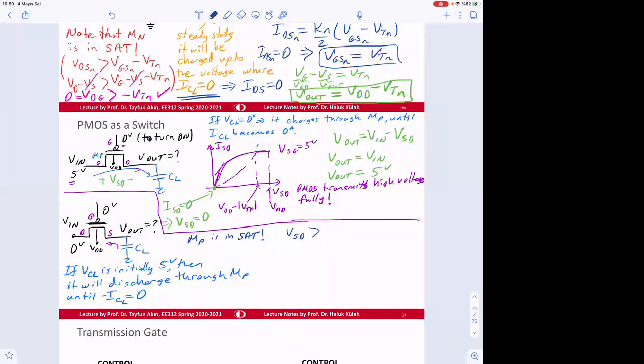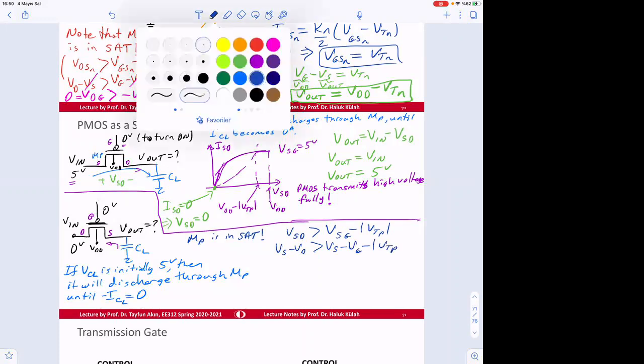Is it larger than V source to gate minus VTP? So V source minus V drain, V source minus V gate minus VTP.